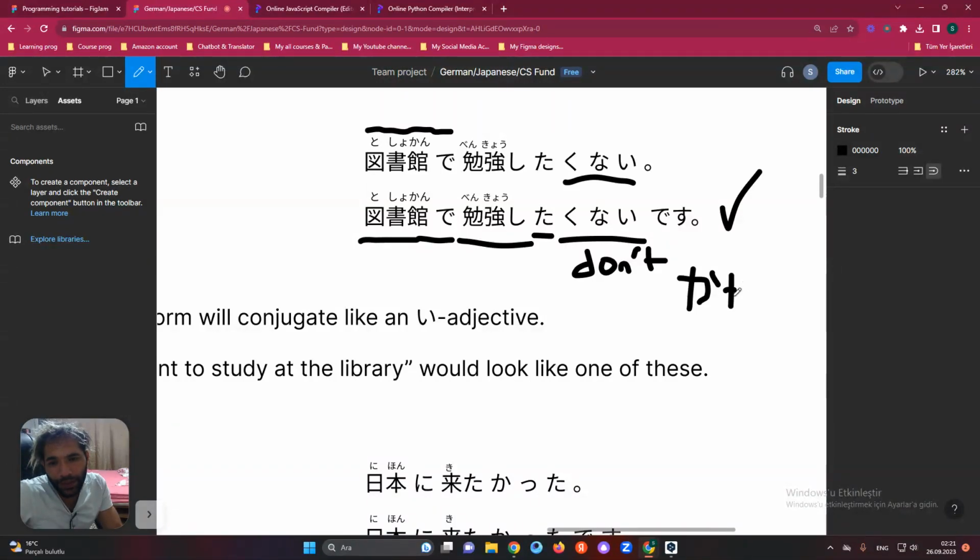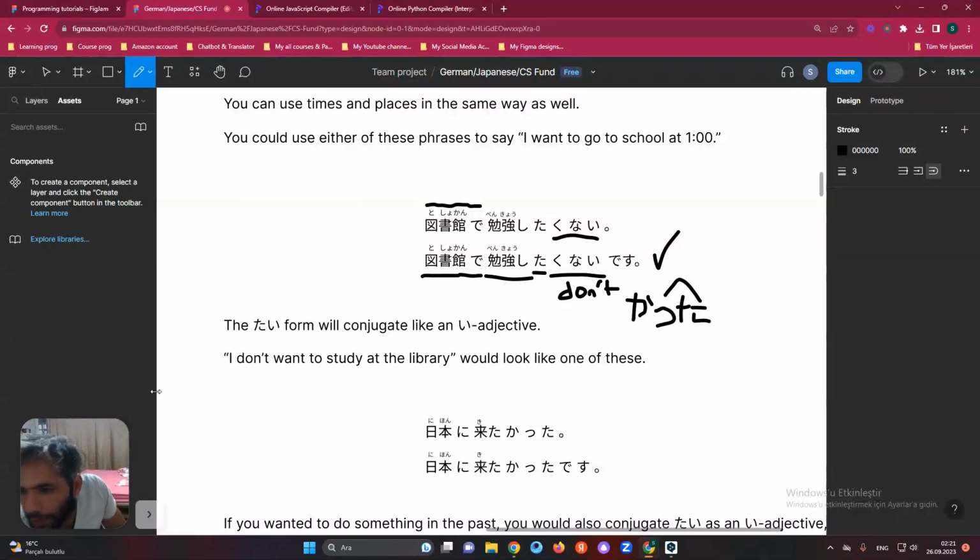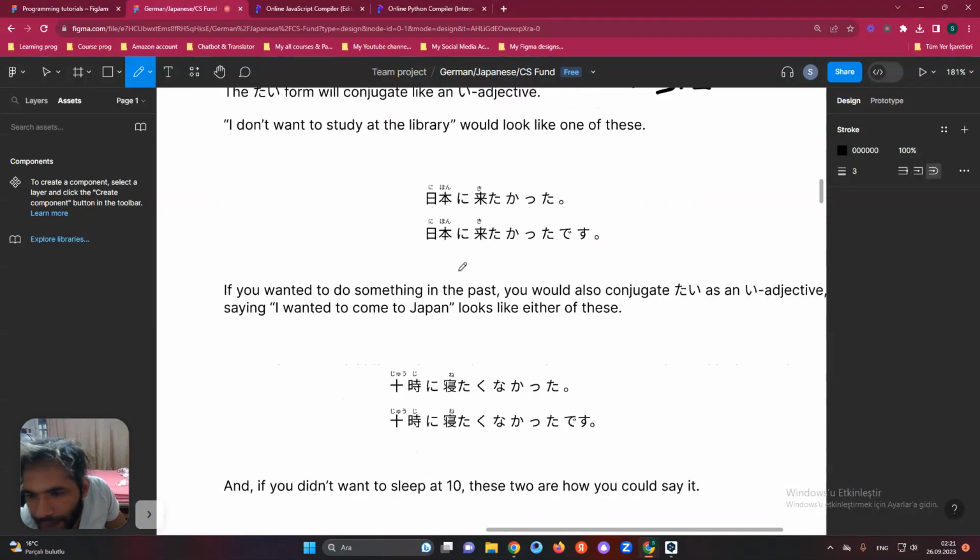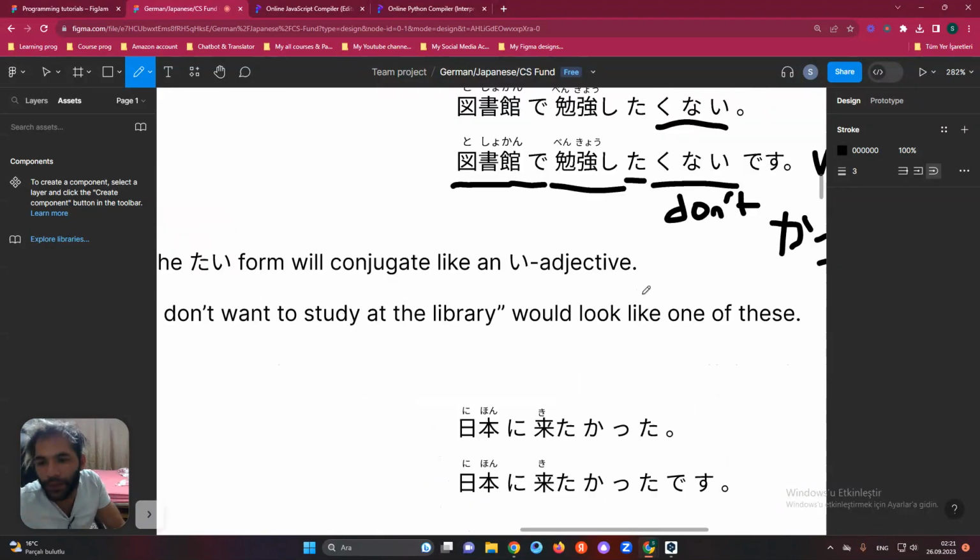By the way, we're not putting katta directly, we're putting the first one like this, and then ta there. So katta will be like do, does, not don't. So it means I don't want to study at the library, as I told you before.